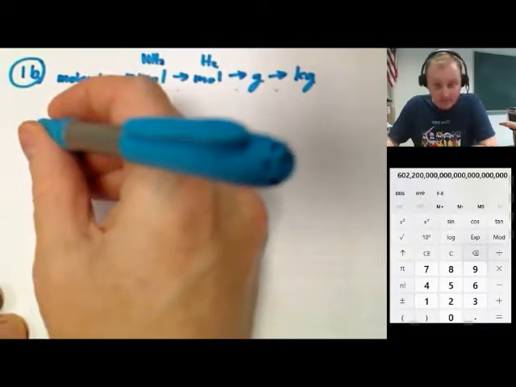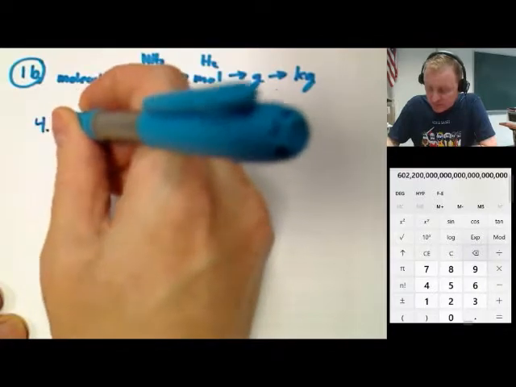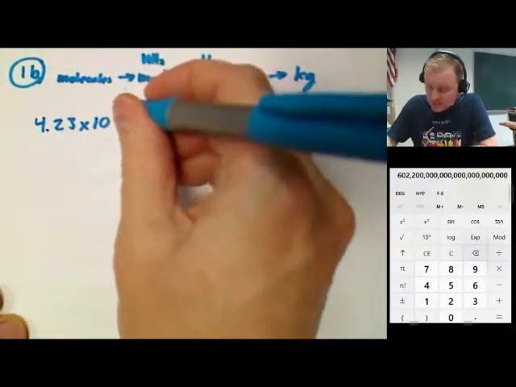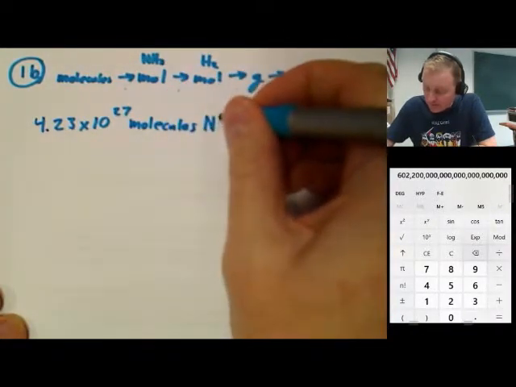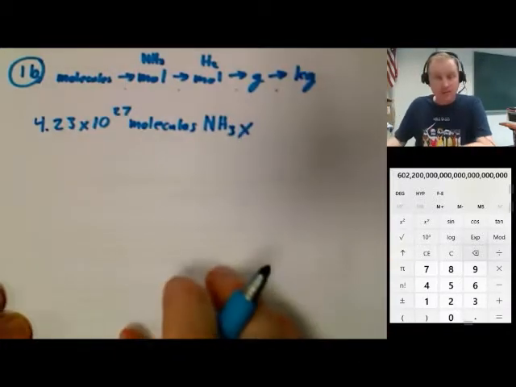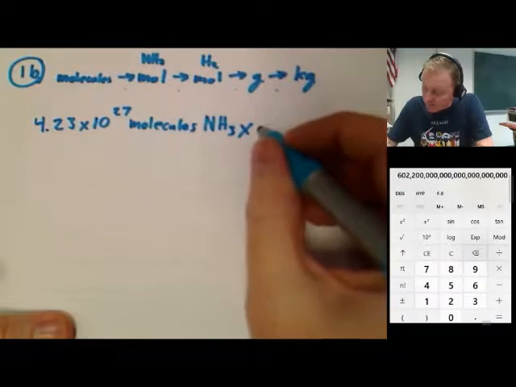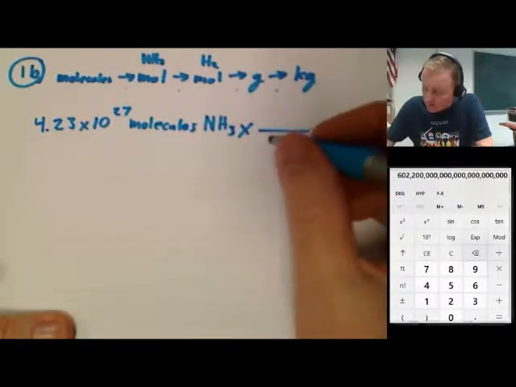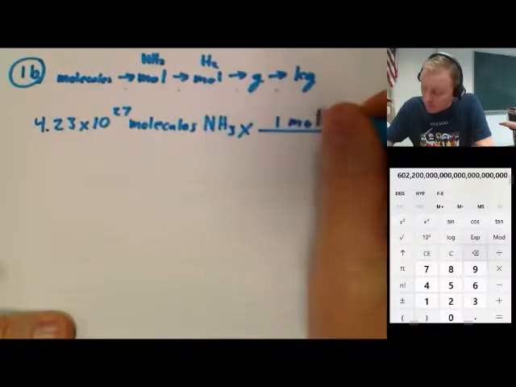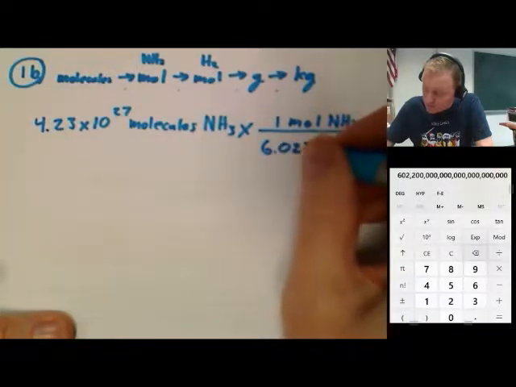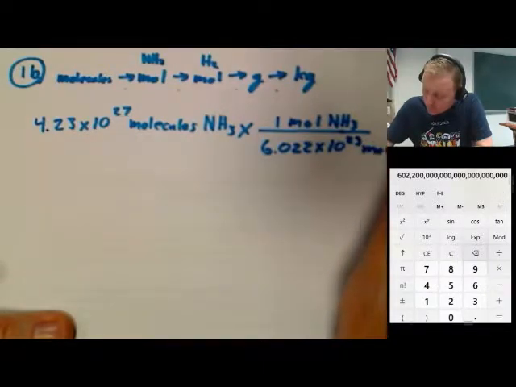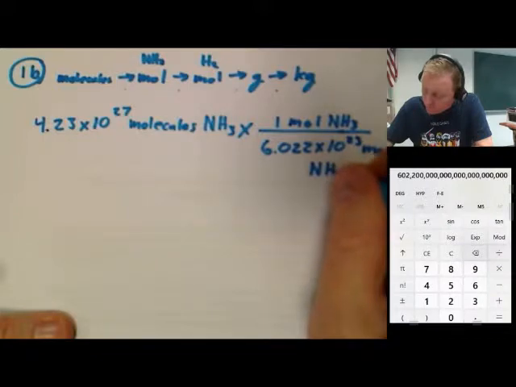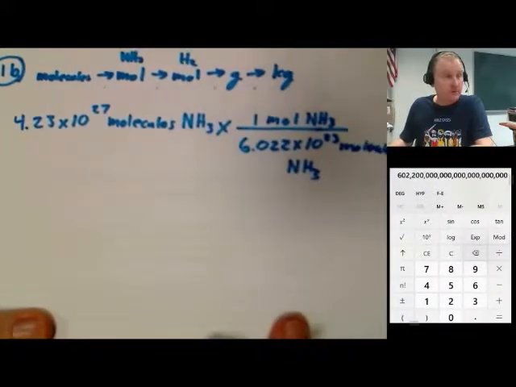We have 4.23 times 10 to the 27th molecules of ammonia, and using Avogadro's number, I can say that for every 1 mole of ammonia, we have 6.022 times 10 to the 23rd molecules of ammonia.